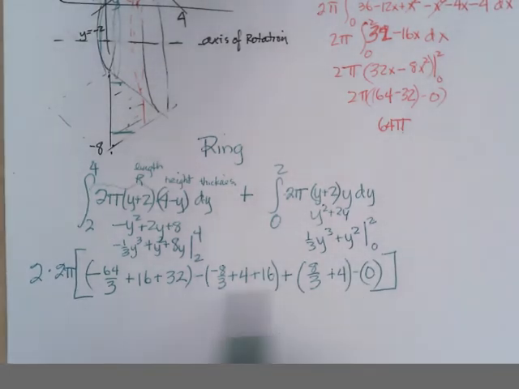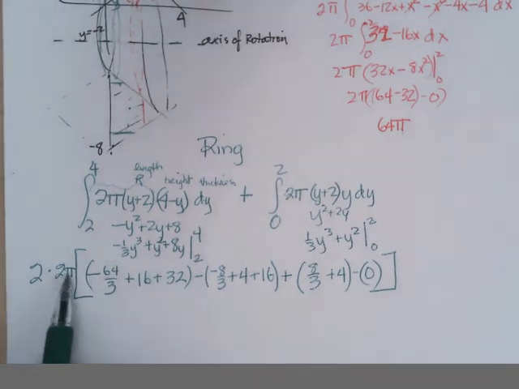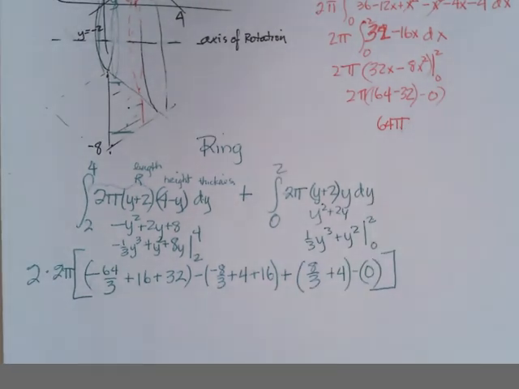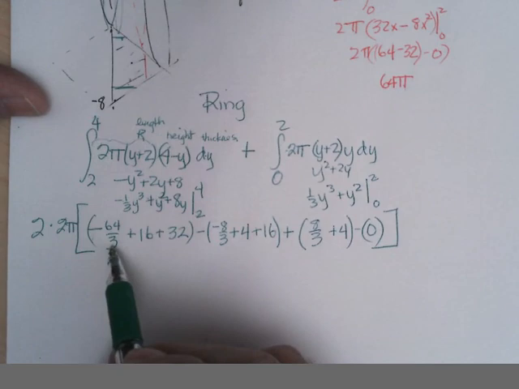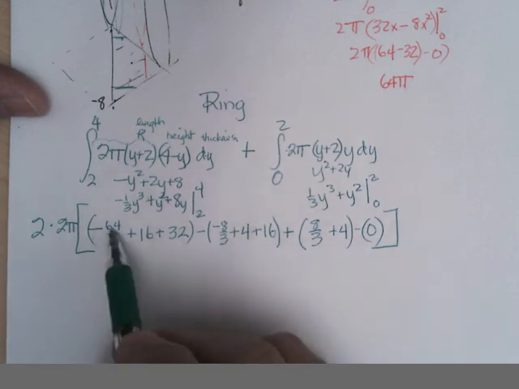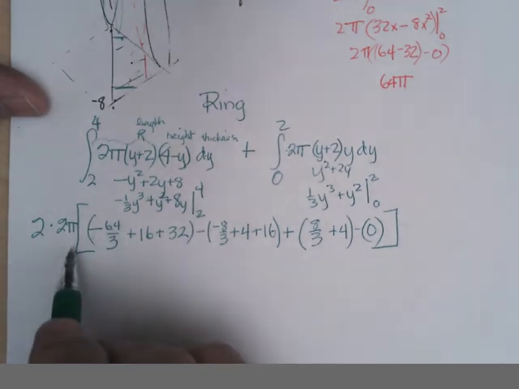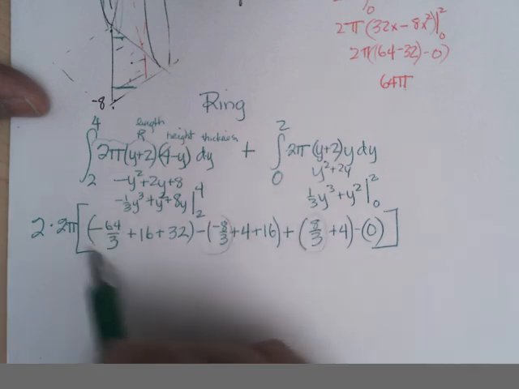And hopefully all of this will become 16 times 4, which should be 64 pi. All right, so let's see what we got here. 64 thirds minus 8 thirds, plus 8 thirds and plus 8 thirds. So I got plus 8 thirds and plus 8 thirds and minus 64 thirds.